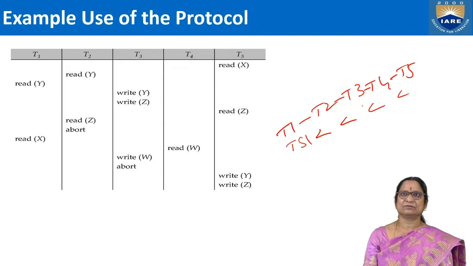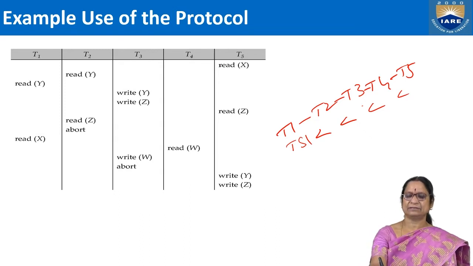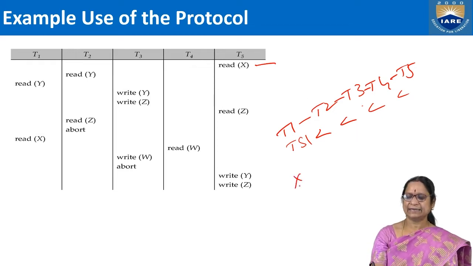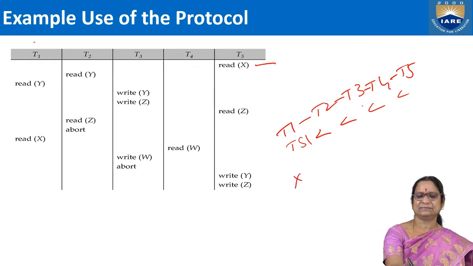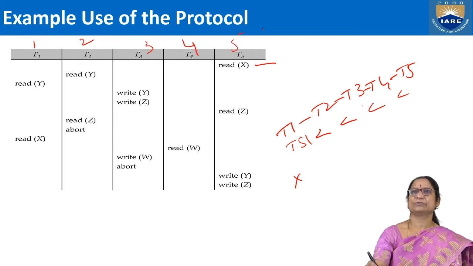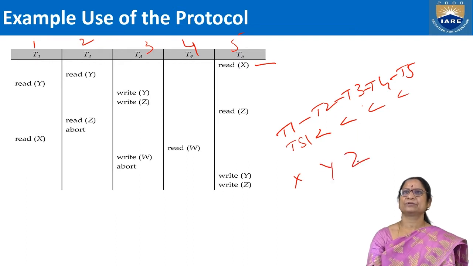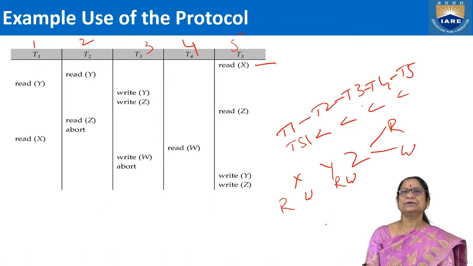So what is the first statement here? According to this, read X. Read X means here X is allocated a timestamp. Let us assume this is the order of 1, 2, 3, 4, 5. We have the variables X, Y, Z. Each element will have a read and write timestamp.